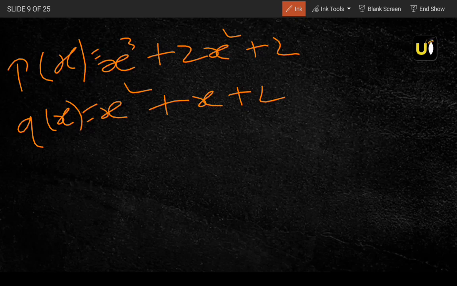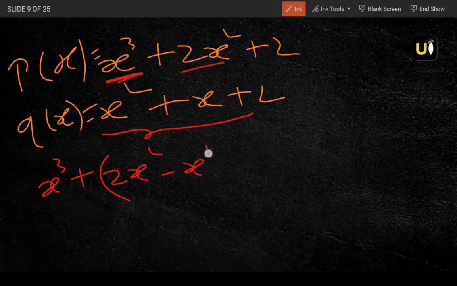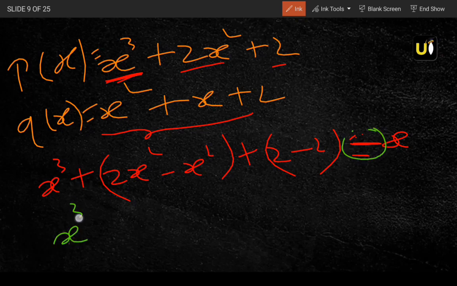Here there is no x cube term in the q of x polynomial, so x cube will remain the same, and x square is there in both the polynomials. That means minus x square, plus 2 minus 2, minus x. Remember, here it's not plus, it's minus. So the result is x cube plus x square plus 0 minus x.